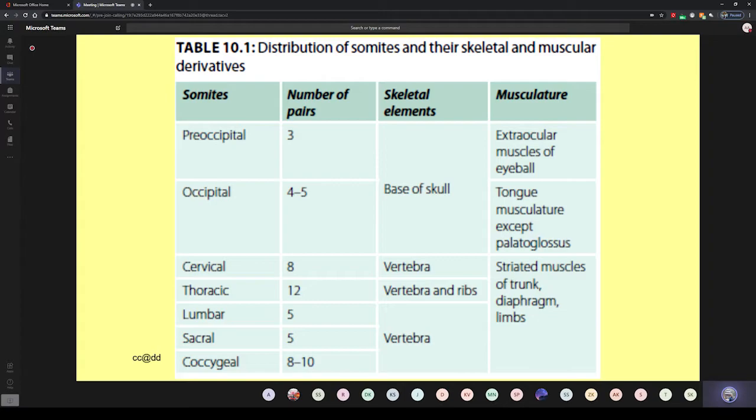Within no time, when you are learning each individual area, you will be able to correlate that muscles come from paraxial mesoderm, and this bone comes from paraxial mesoderm, whatever bone it is. That is the way we are going about it. Next, let's proceed.